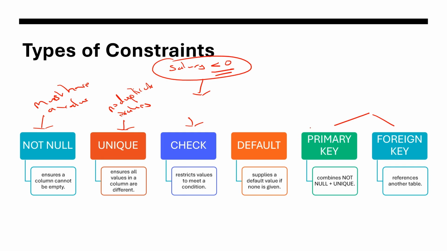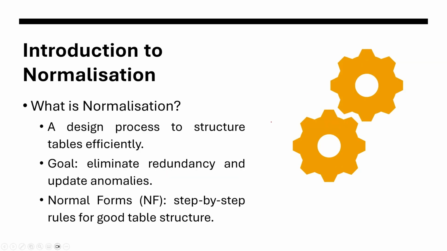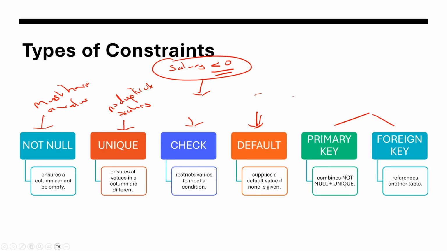That's a check constraint. There is a default constraint, which basically provides a fallback if no value is given. Let's suppose I say I don't want to give my salary information, then you can use a default value to input a value for salary in your database.